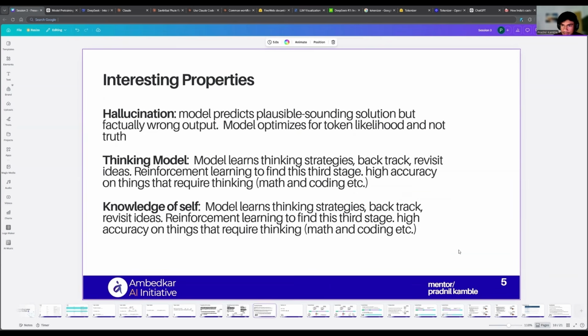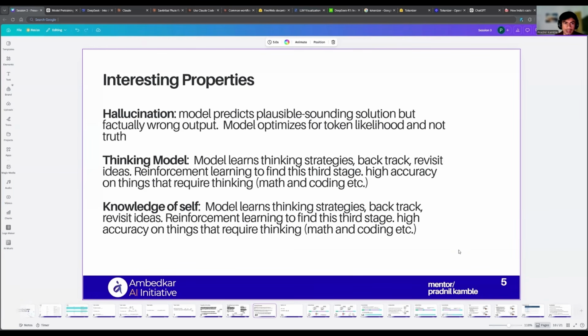Before I go to the next part, how to use these models, now that we have understood what pre training and post training are, I want to talk about some interesting properties that happen while we train these models. There are many others, by the way, and I have just listed three here because these are the most interesting to me, and I think they would be interesting to you.